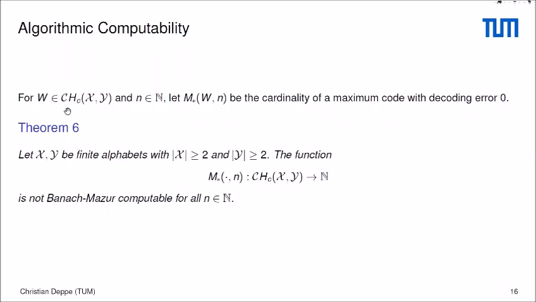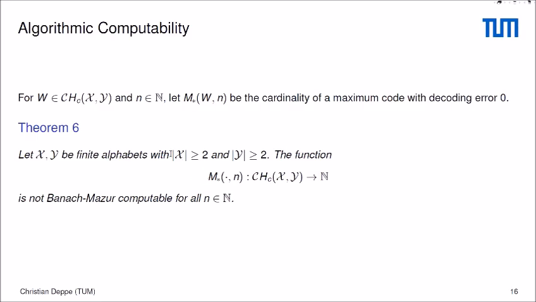Now let W be a channel and N be a block length. Then by M*(W, N), we denote the cardinality of a maximum code with decoding error 0. Now we look at this M* as a function of the channel and want to know if this is Banach-Mazur computable.